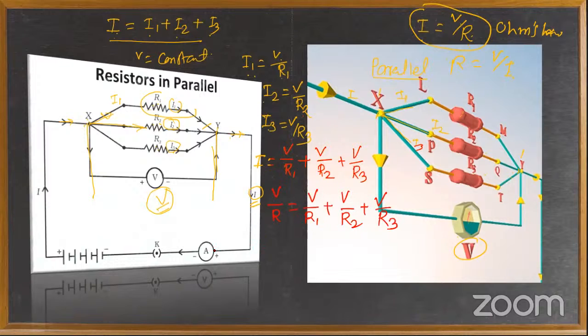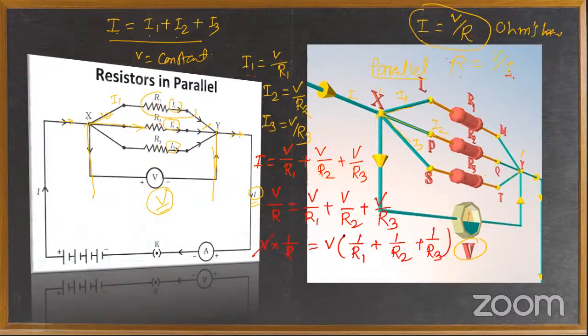So V into 1 upon R is equal to V into 1 upon R1 plus 1 upon R2 plus 1 upon R3.